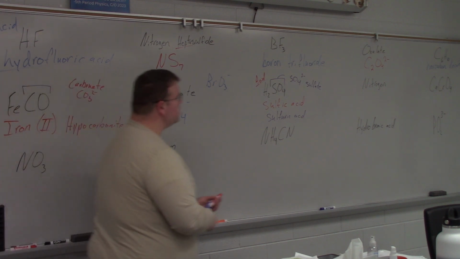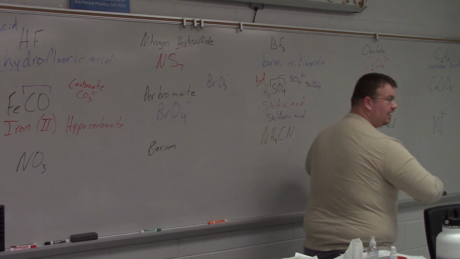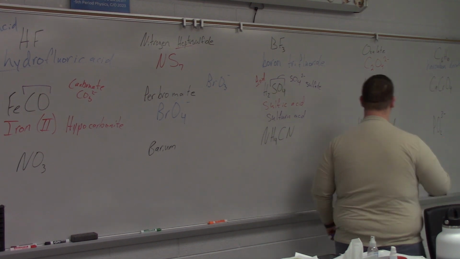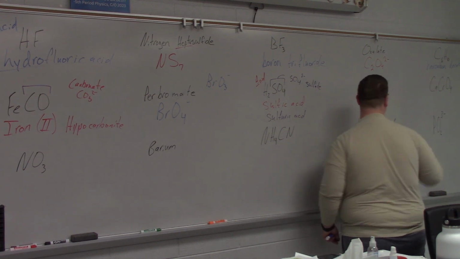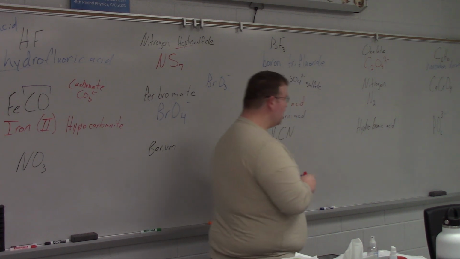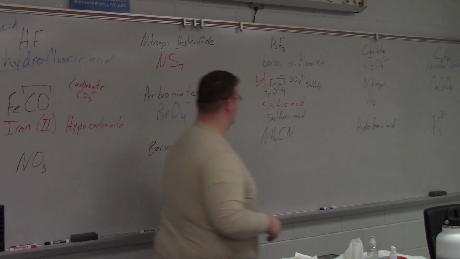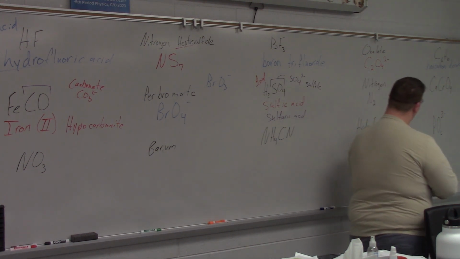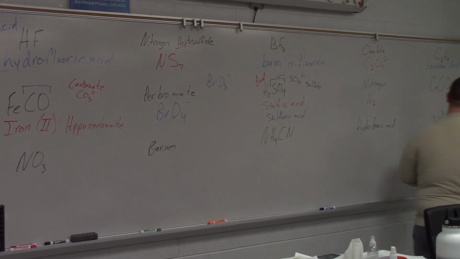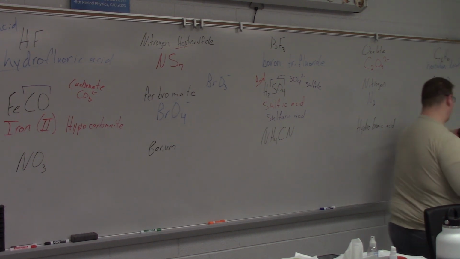Next one, nitrogen. Nitrogen is a diatomic, so N2. Next one, I threw a little tricky at you. Calcium. So you look at this one, have calcium first, but there's 3 elements present, which means polyatomic ion.